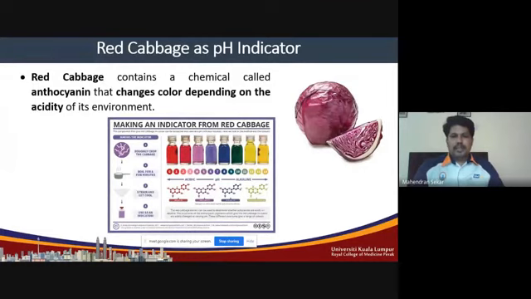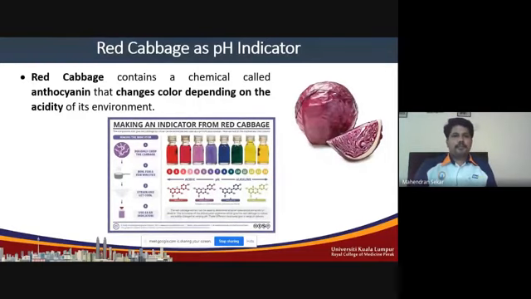Instead of that, you can use this as an alternative material to detect the pH of any type of solution, something like uric acid for gout patients. This can be used as an alternative method to determine the pH of a urine sample as well.